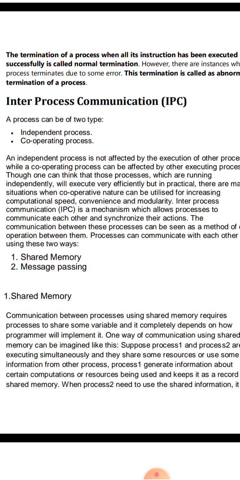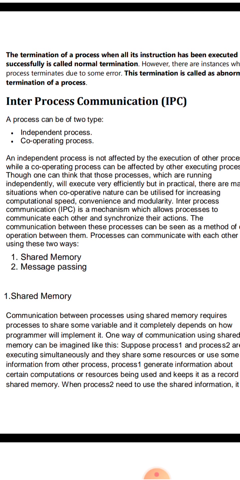In shared memory, the memory is shared between different processes, therefore the name shared memory. Communication between processes using shared memory requires processes to share some variable, and it completely depends on how the program implements it. One way of communication using shared memory can be imagined like this.